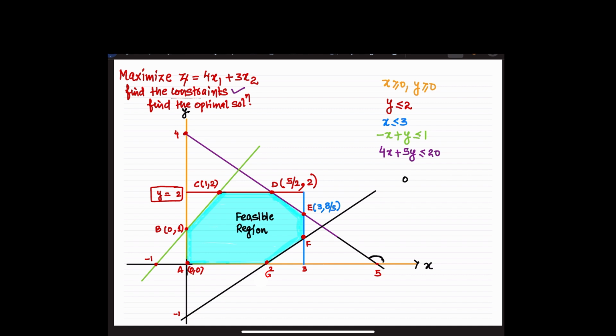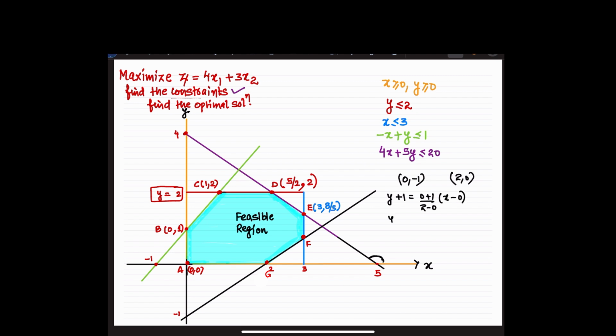The first point is say 0,-1. The next point is 2,0. Okay. The equation of a line is y minus y1 is the slope into x minus x1. The slope is 0 plus 1 by 2 minus 0, x minus 0.